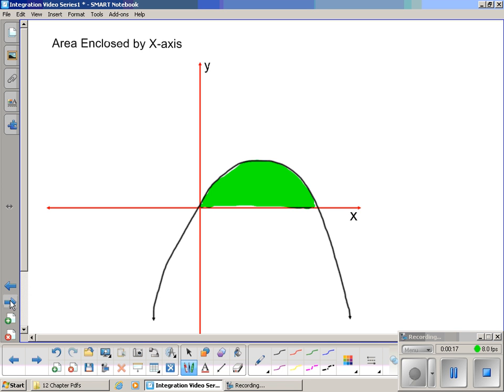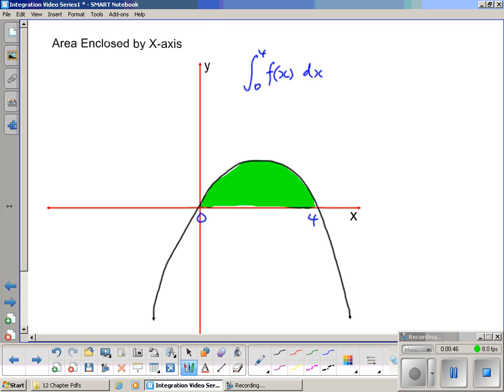Okay, here's a graph. It's an upside down parabola, perhaps something with a minus x squared in it somewhere. Let's consider that we've got an x-intercept of 0 and maybe 4 here. So what that looks like in integration terms is the integral of a certain function between the x values of 4 and 0 dx.